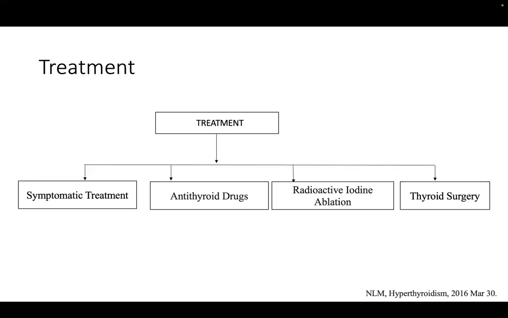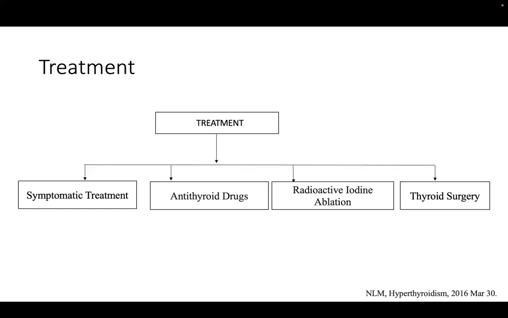Then the next treatment arm is radioactive iodine ablation. This basically means destruction of the thyroid tissue using radioactive iodine, which is usually iodine 131. Radioactive iodine emits gamma rays and beta rays.